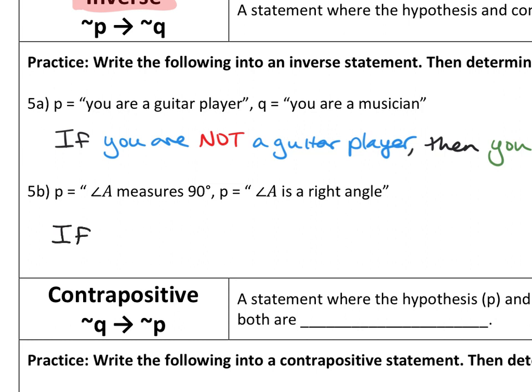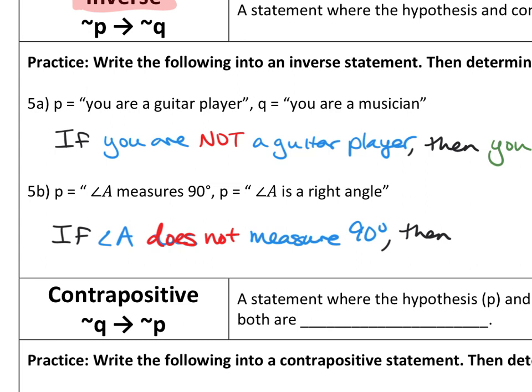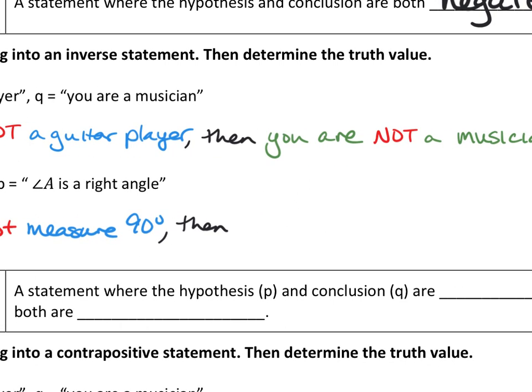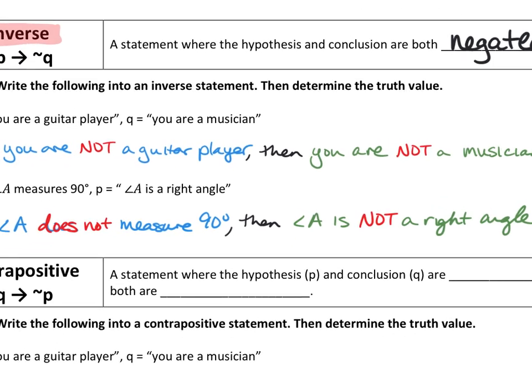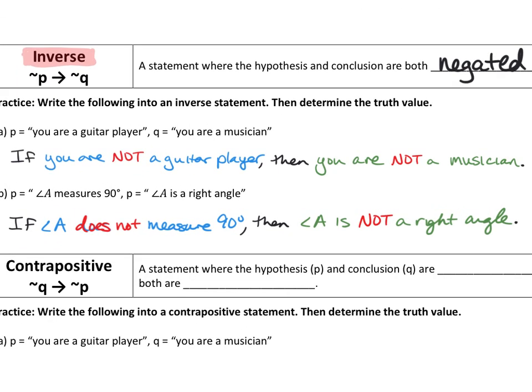I would say, if angle A does not measure 90 degrees, then angle A is not a right angle. As long as you have a not word in there and it makes sense, you have written the inverse. Inverse is the nots.